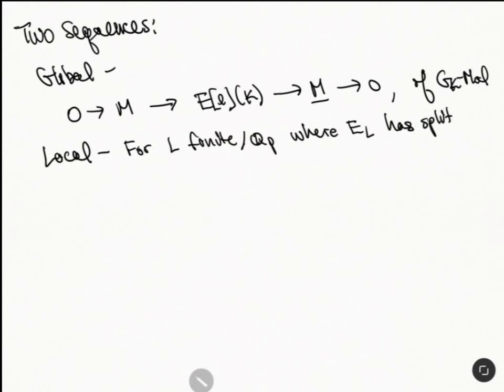Like this could be a completion of, let's say, F. Then we have E L, L bar, and this goes to some tall part here.